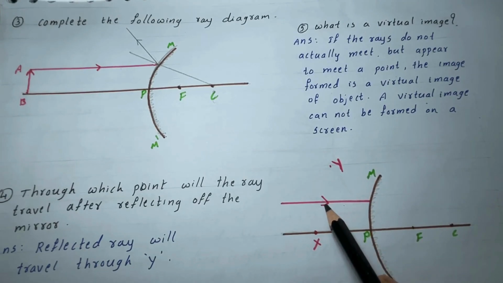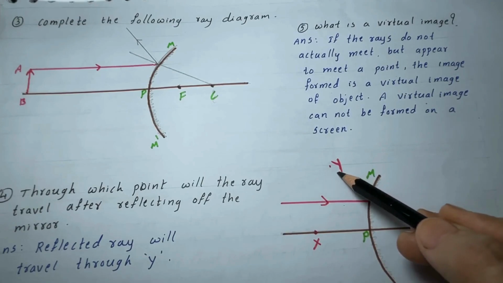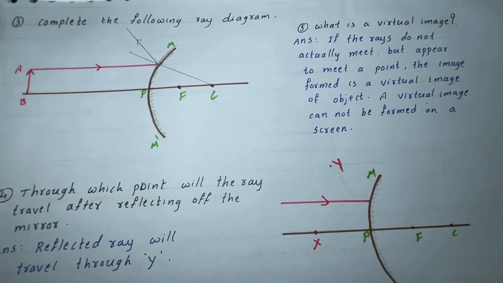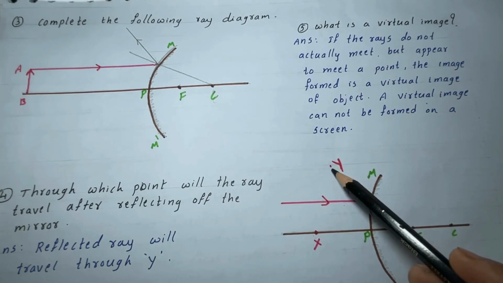Now here 2 points are given, one is x on the principal axis and one is y away from the principal axis. Now our question is through what point the reflected ray goes.